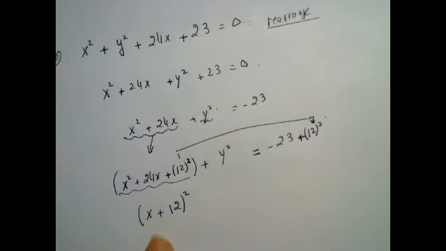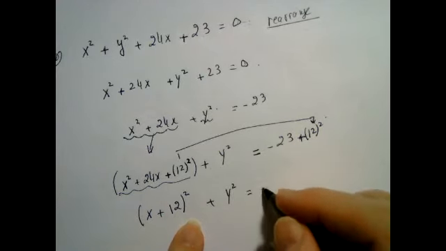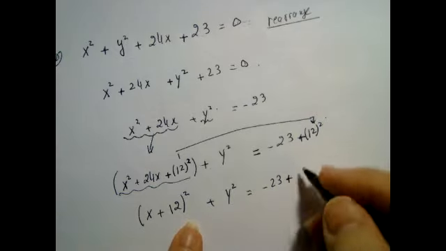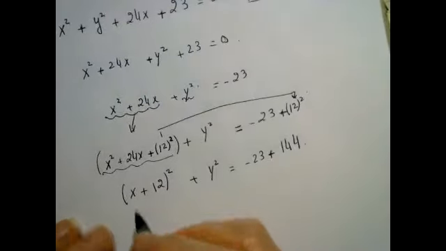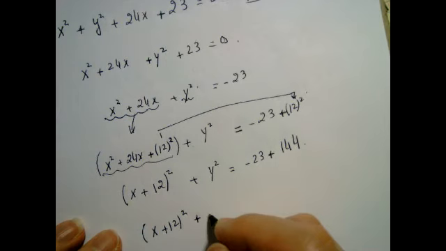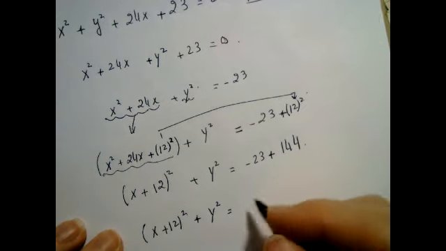So this expression is exactly (x plus 12) to the power 2 plus y squared equal minus 23 plus 144. Now 12 squared is 144, I guess. Yeah, this is 144. So finally, I will have (x plus 12) squared plus y squared equal to, now 144, you're going to take 23 from it. We're going to get 121.